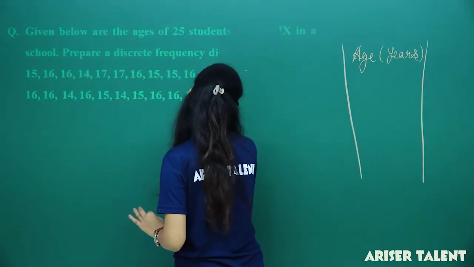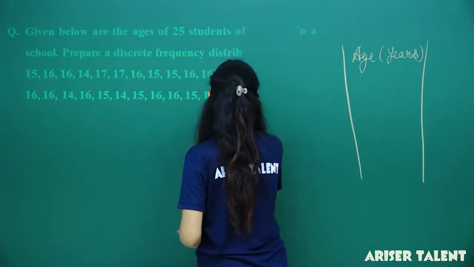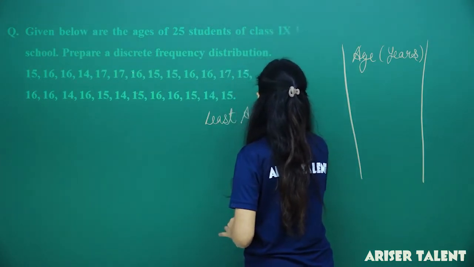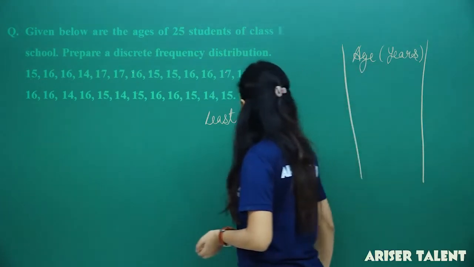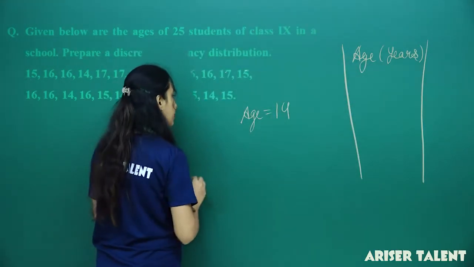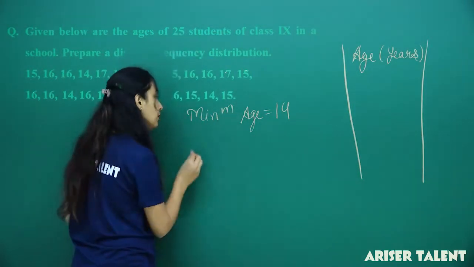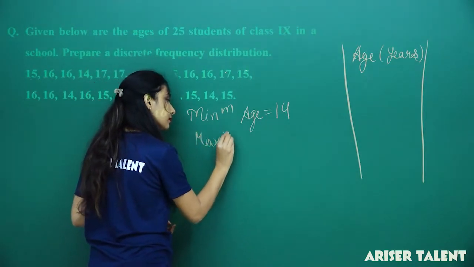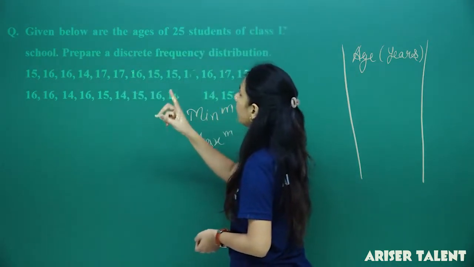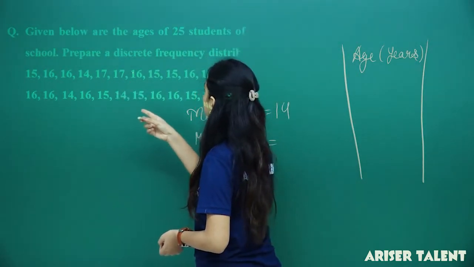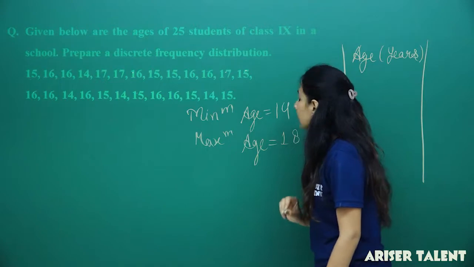So least age equals 14, or you can say minimum age is 14. Now I'll talk about the maximum age. 16, 17, 17 is maximum, 17, 17, 17. There is no 18, so I will be writing this 18.